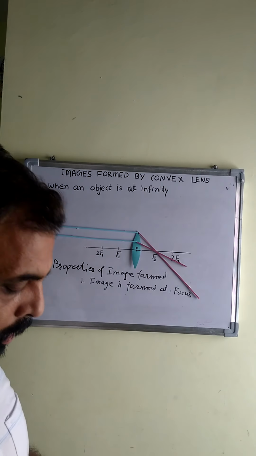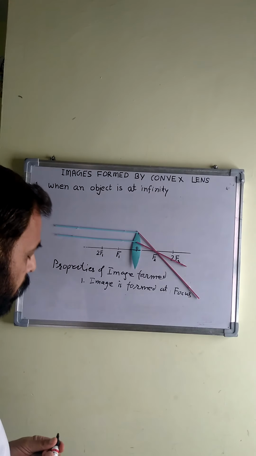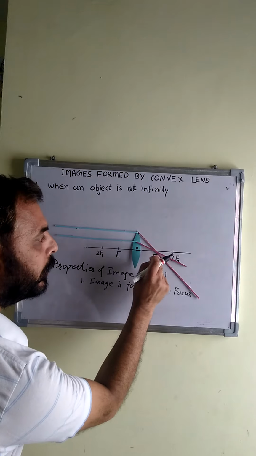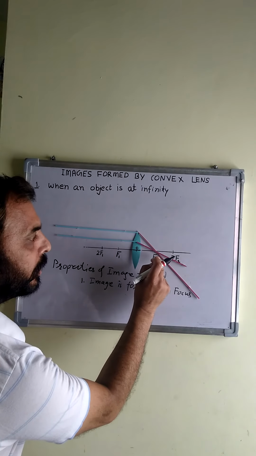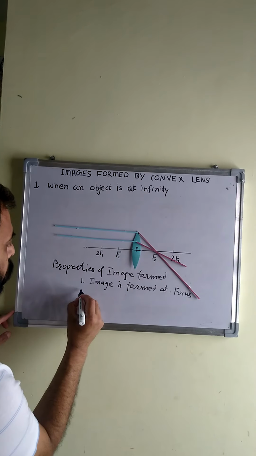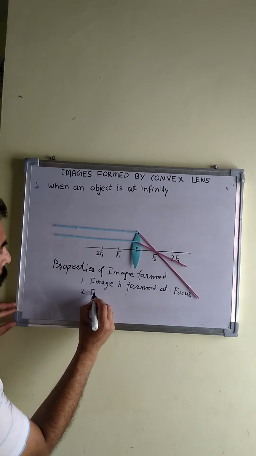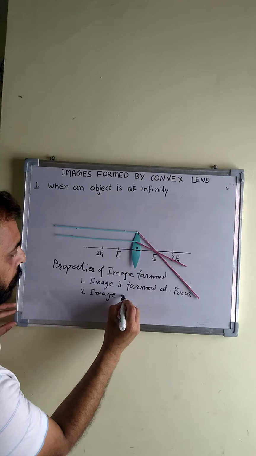Second property, the image is real because the actual incident rays, emergent rays are going to intersect. So this is the second property. Image is real.